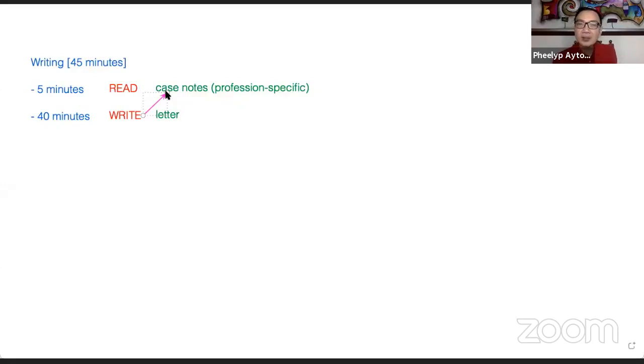So what happens in writing? Unlike listening and reading, which are receptive skills, which means that there's only one correct answer for it. After all, in listening, sinasabi yung sagot, and there's only one audio. In reading, nakasulat yung sagot, and there's only one text. Unlike those tests, in writing, it depends.